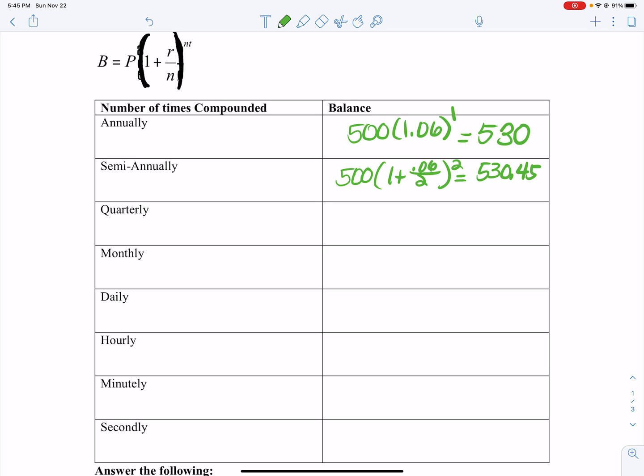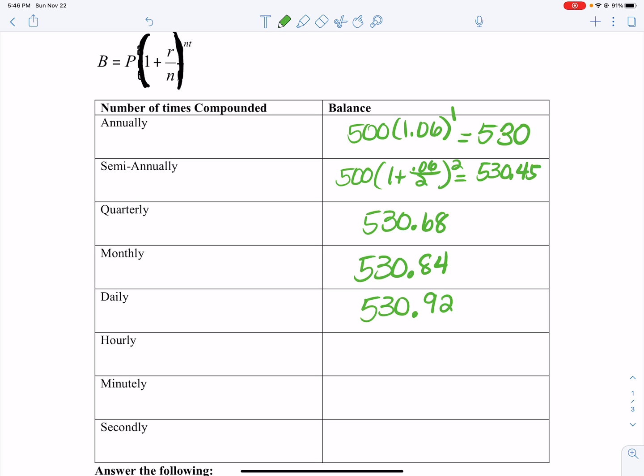Pause and do this. Okay, so quarterly is 530.68. Monthly is 530.84. Daily is 530.92. Oops, sorry, I just hit the wrong button.